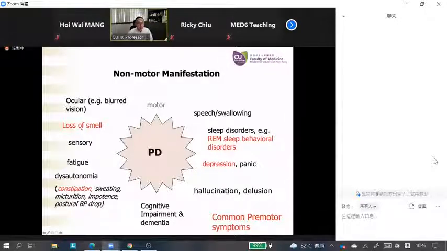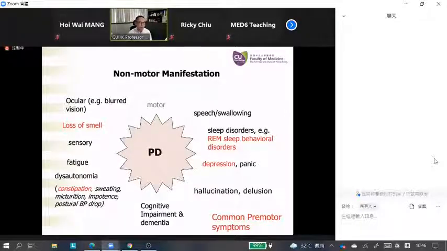And I put in red those that may appear before the motor symptoms, before tremor and bradykinesia. We call them premotor symptoms. These include loss of smell, REM sleep behavior disorder, constipation, and depression. These four are common premotor symptoms, usually preceding the development of motor symptoms by 5, 10 or 15 years.